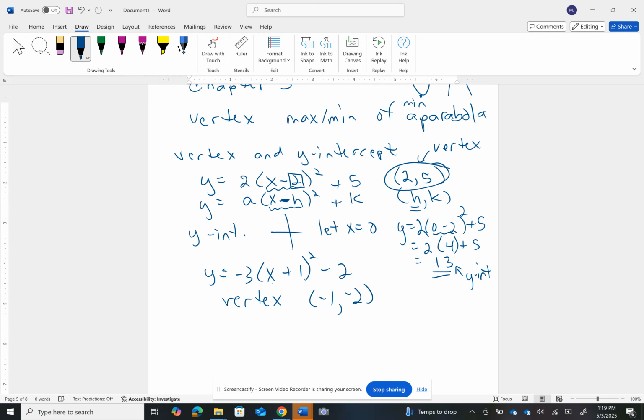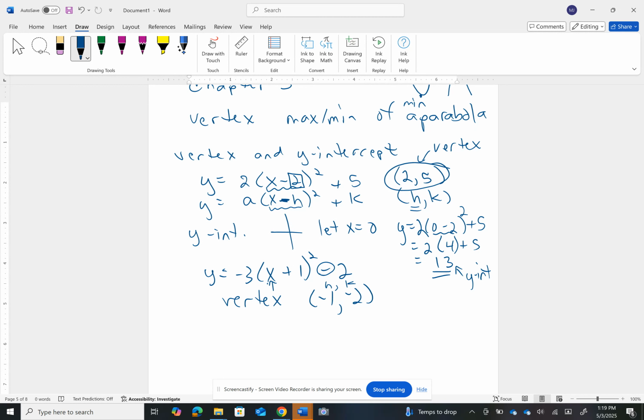So this would need to be a negative 1 to be equal to 0 inside those parentheses. And then see how the k is just whatever's following that. And k could be positive or negative. In this case, see the minus there? That means the k is a negative 2. So h is negative 1 and k is negative 2. So your vertex is (negative 1, negative 2).